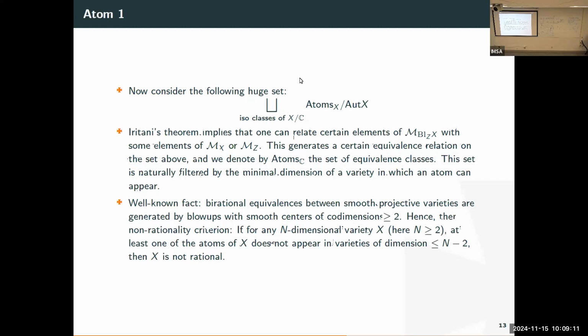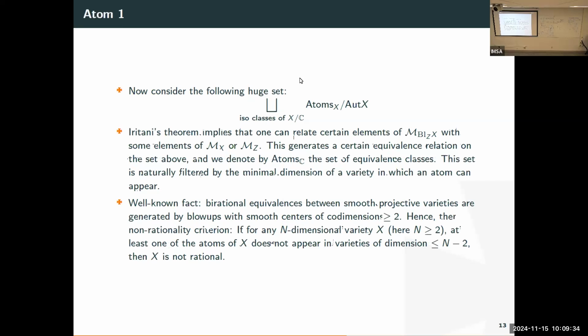So if one of these splittings of homology, one of these atoms, does not correspond to an atom, or if you like, a quantum structure of a manifold of dimension 2 and higher, then this is an obstruction to rationality.